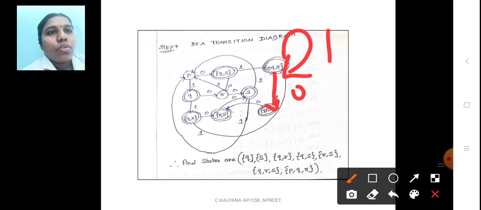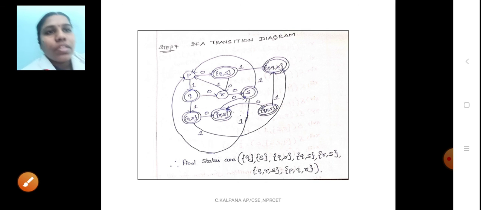Then go back to the question. QR comma 0 is R comma S, QR comma 1 is PQR. Then RS comma 0 is S and RS comma 1, no input for RS comma 1.